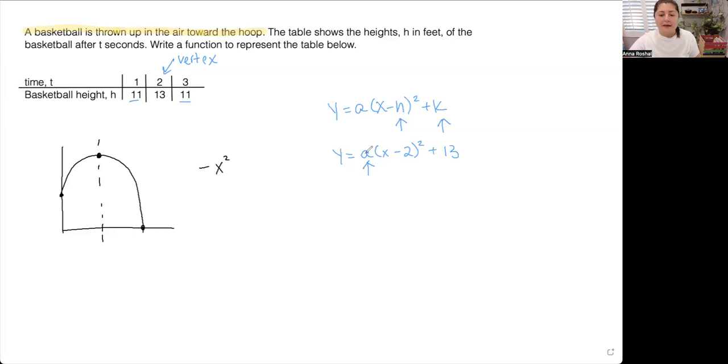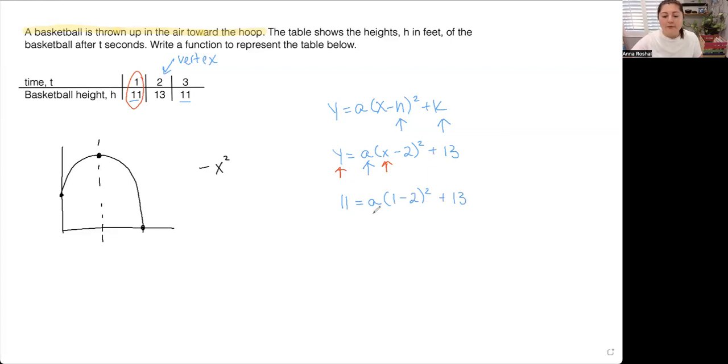So we need not to have 3 variables, step 1, and step 2, based on logic, we need this a to be negative. To figure that out, I'm going to take this 1 and 11 and replace the x and the y with 1 and 11. So I'm going to have 11 equals a, and then 1 minus 2 squared, plus 13.